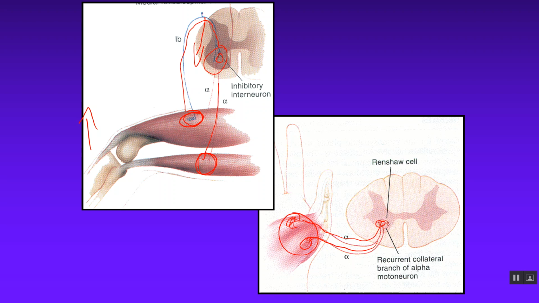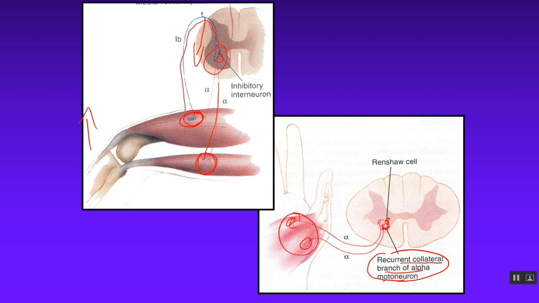So when you send that signal down, you have this recurrent collateral branch of an alpha motor neuron that goes back to little inhibitory interneurons called Renshaw cells.